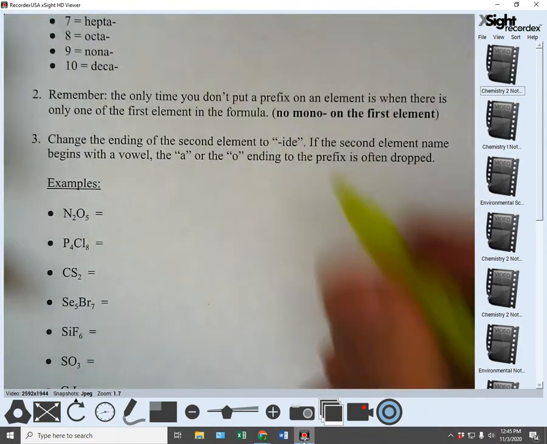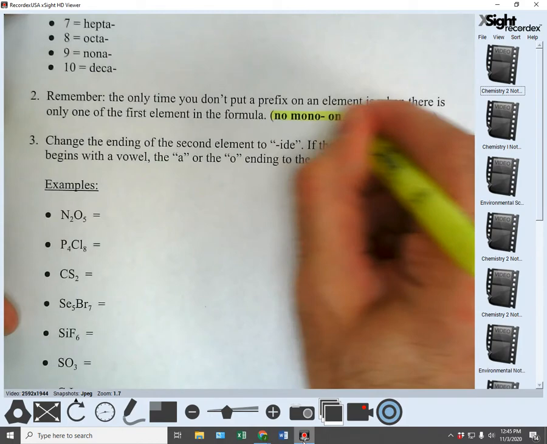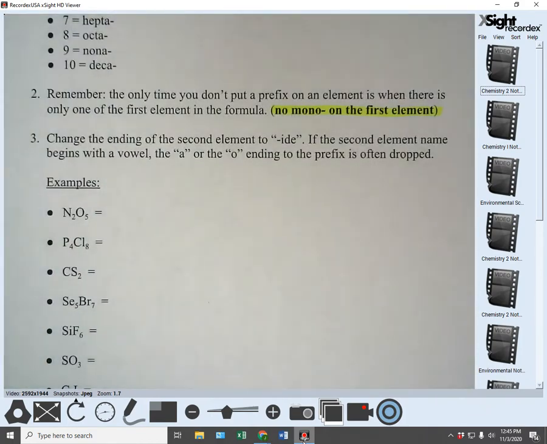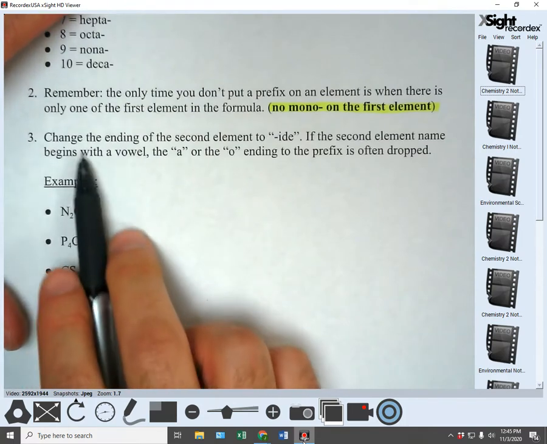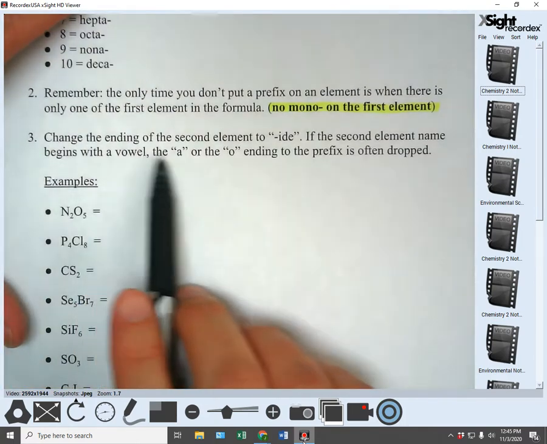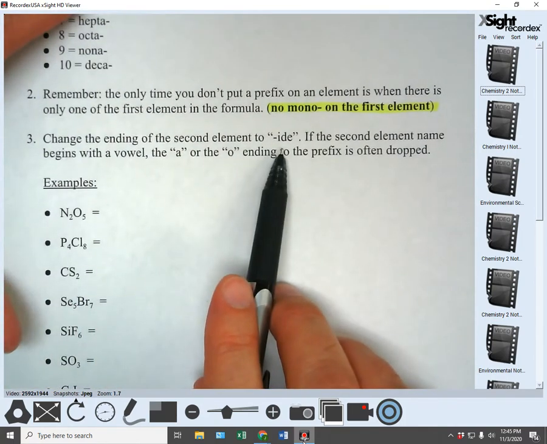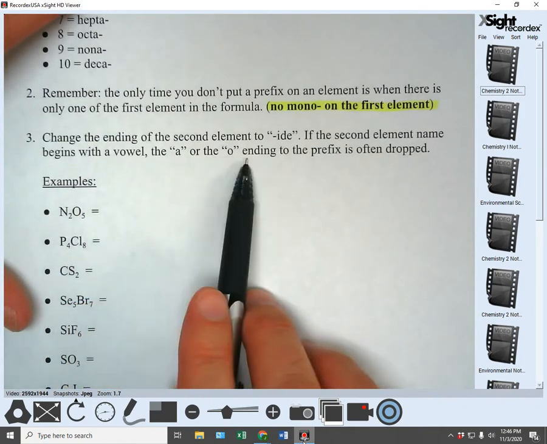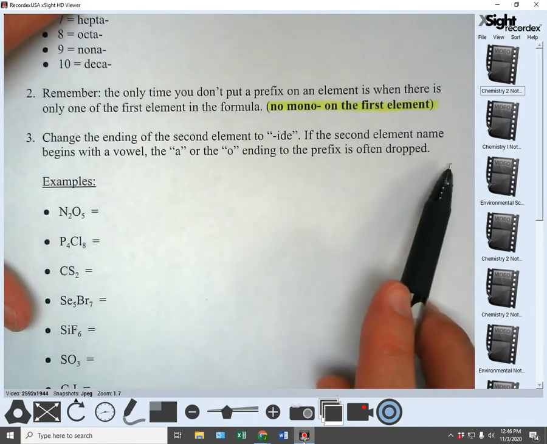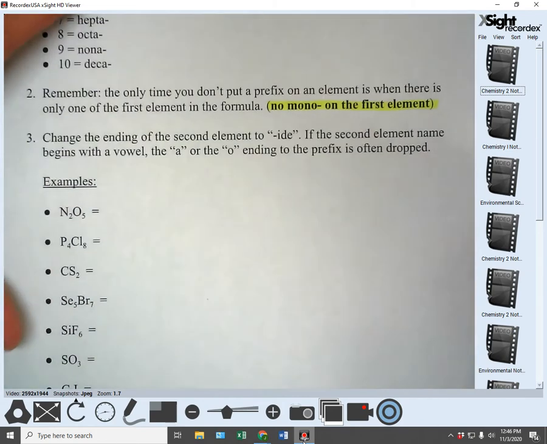So no mono on the first element. All other times for binary molecular, you use a prefix. And then when you're doing the name, change the ending of the second element to IDE. If the second element name begins with a vowel, the A or the O ending of the prefix is often dropped. In other words, you don't say monooxide, you just say monoxide.